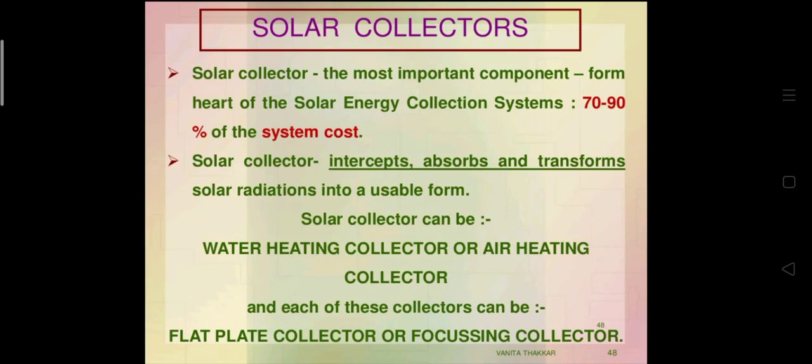This solar collector intercepts or absorbs and transforms solar radiation into a useful form. And a solar collector can be a water heating collector or an air heating collector, and each of these collectors can be a flat plate collector or a focusing collector.